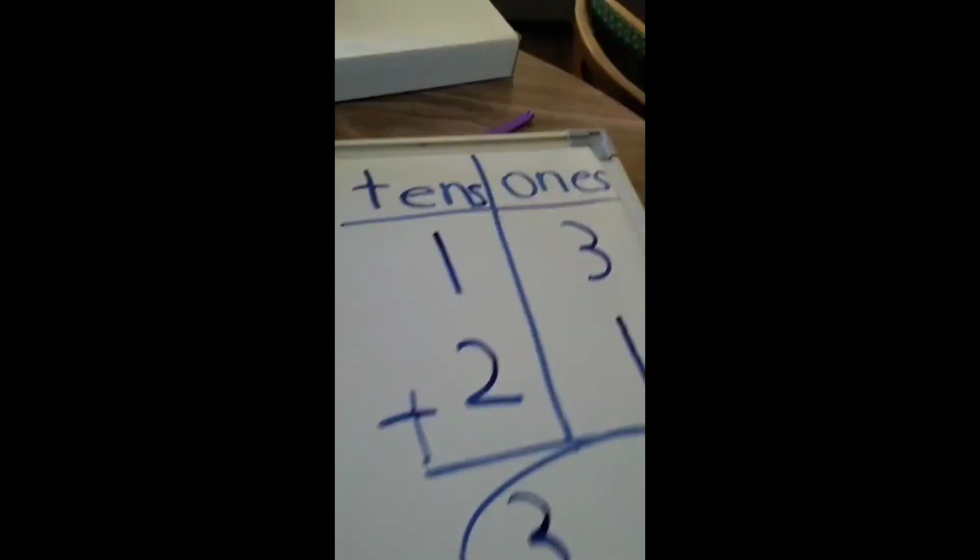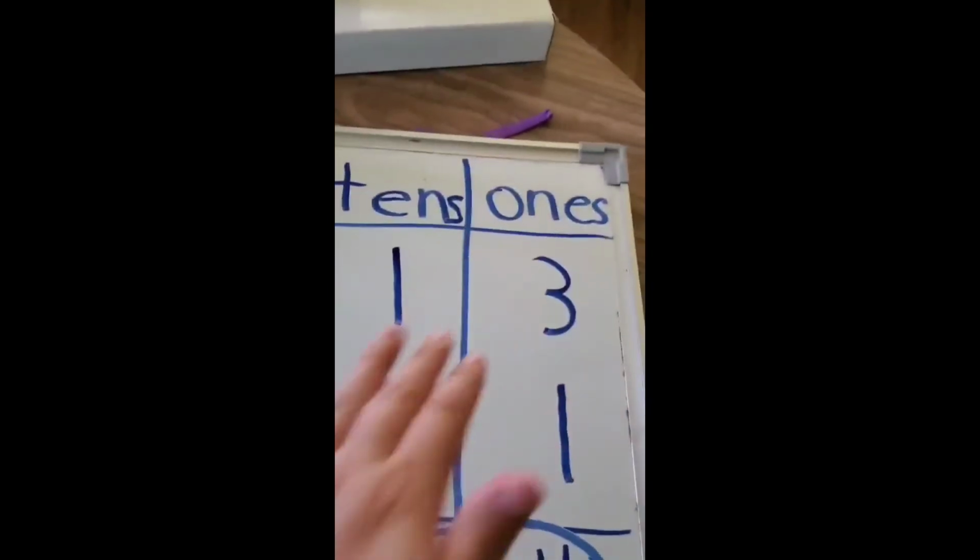So right now, I would like you to do the same thing, okay? Get out your piece of paper, and I would like you to write tens and ones, just like right here. Tens and ones. And I would like you to add up these two numbers, okay?